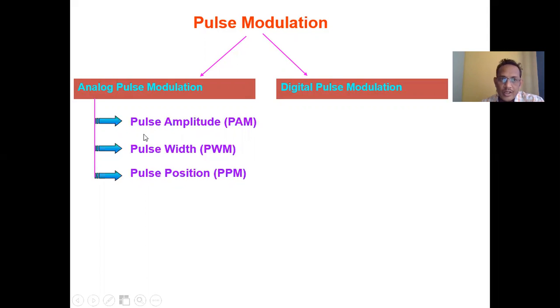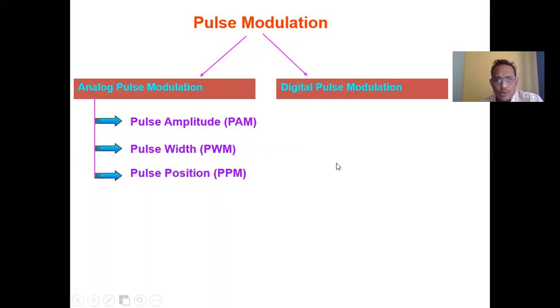In pulse amplitude modulation, I change the amplitude of the high frequency carrier pulse. In pulse width modulation, I change the width of the pulse. In pulse position modulation, I change the position of the pulse.